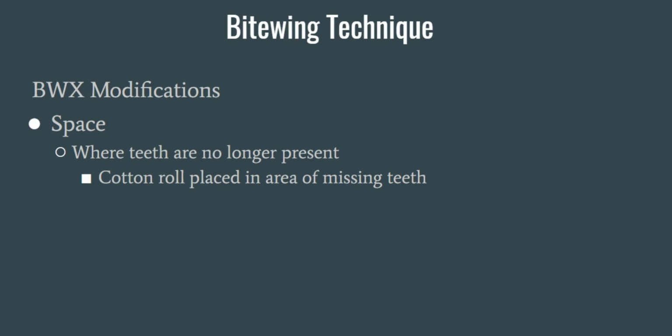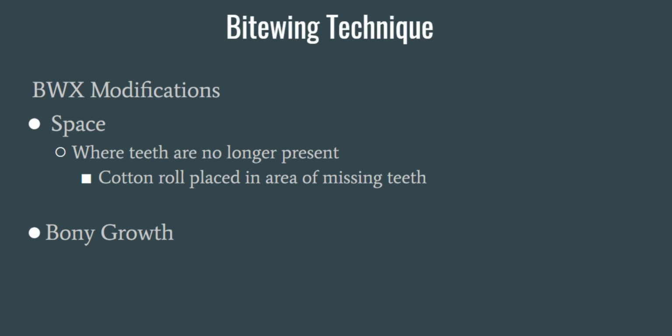So one of those rules we talked about was that the occlusal plane is parallel to the edge of the receptor. If their bite is slightly off, that cotton roll won't be supportive of that bite wing tab, which will cause that film to have a slight tip to it. And the other modification can be the bony growth or tori.